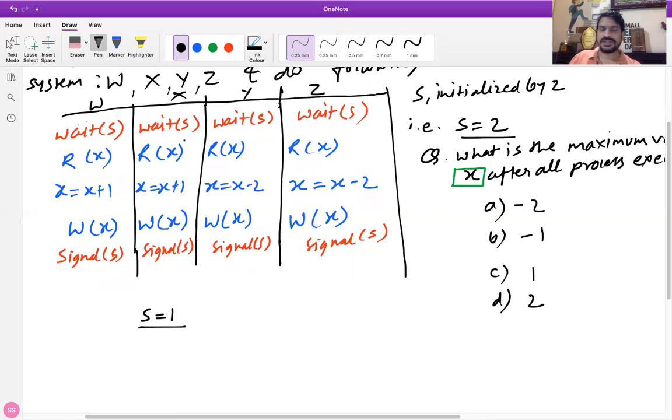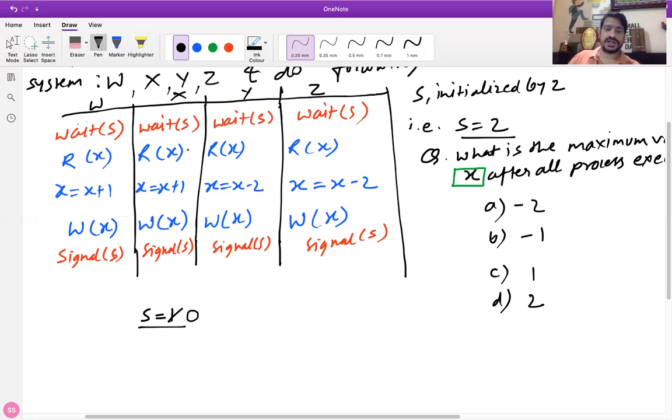Wait function will see whether the value of S is more than 0 or not. If it is not more than 0, it will go to busy waiting, or it will be in the loop. If it is more than 0, then it will go to the critical section by reducing the value of S by 1.